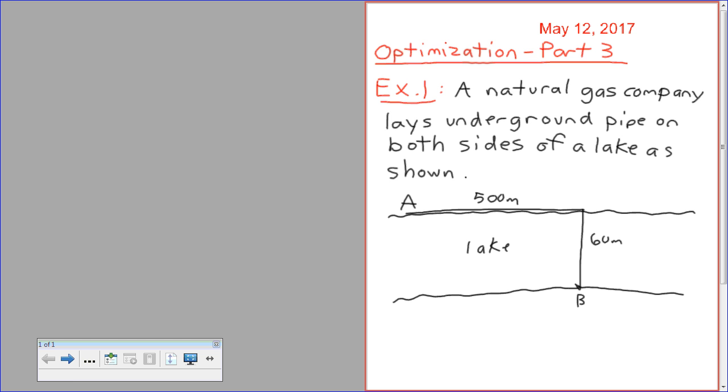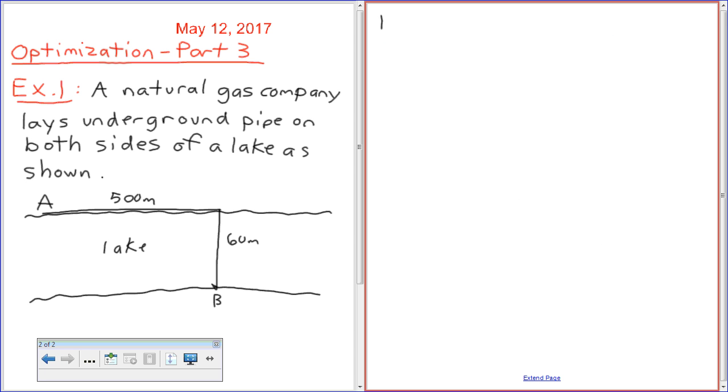We're going to say it costs $3 per meter underwater and $1.25 per meter on land.